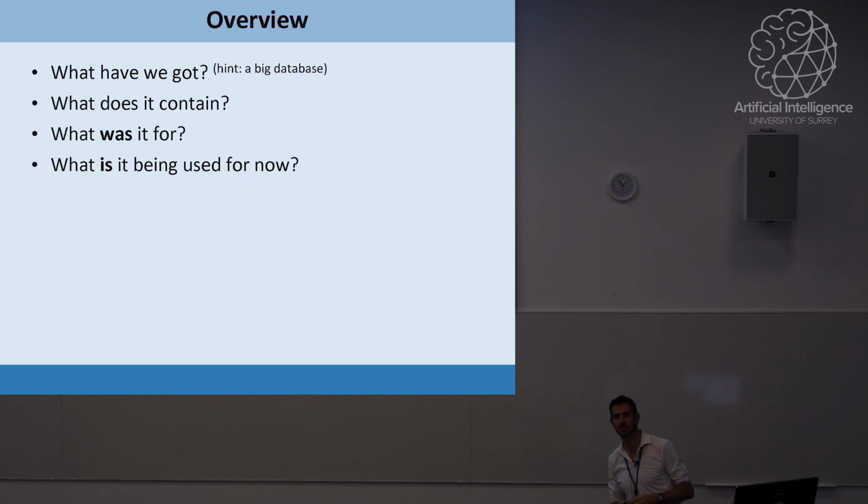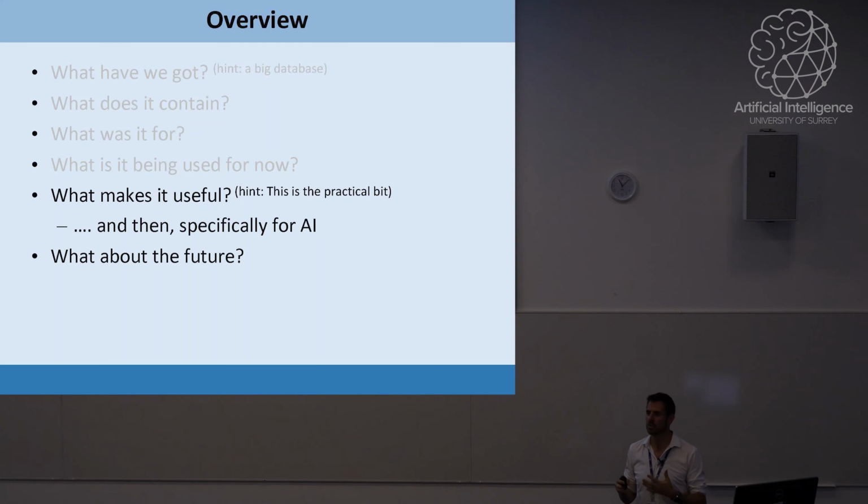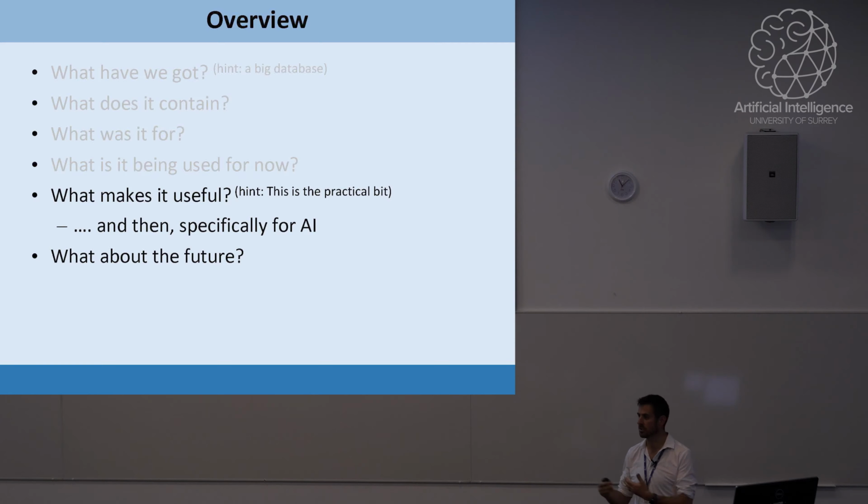This is quite a mature database, so it existed before the big world of AI. And what we're using it for now. Then I'll move on to what makes the database useful, and use that to show examples of how we enabled that in the database and the challenges we met. And then I'll tell you a bit about what we're up to in the future as well.